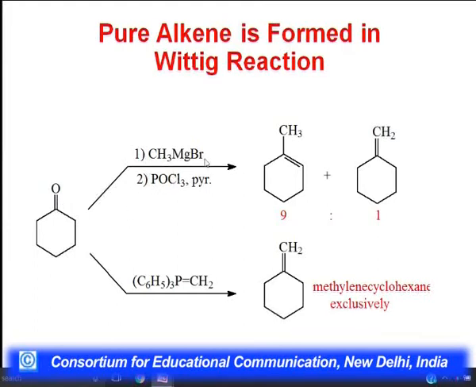When we dehydrate the tertiary alcohol, dehydration can take place in two ways, and we get one alkene, that is 1-methyl cyclohexene, and then we get methylene cyclohexane. But 1-methyl cyclohexene is more highly substituted: on this double bond there is a CH3 group and here a hydrogen, and on the other carbon we again have a methyl group.